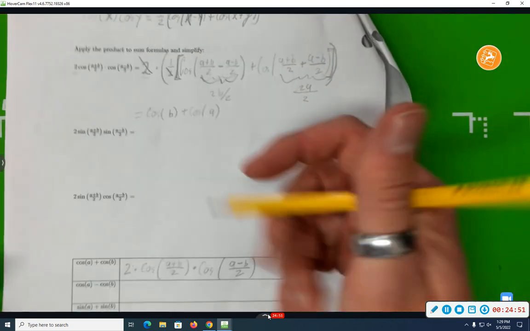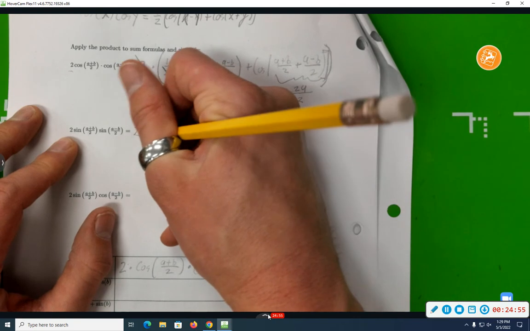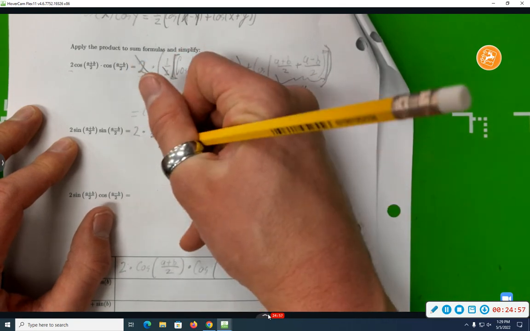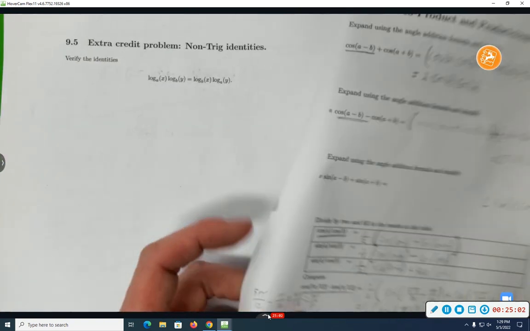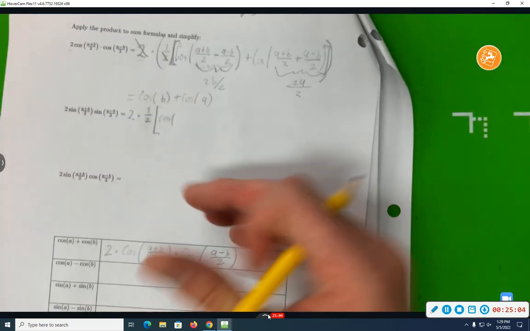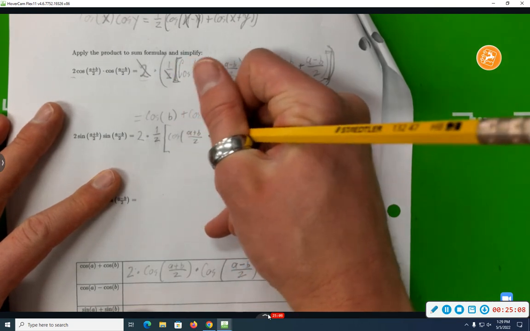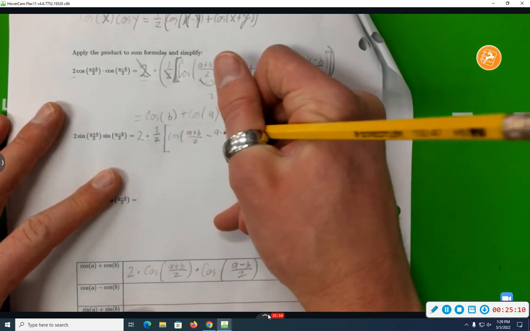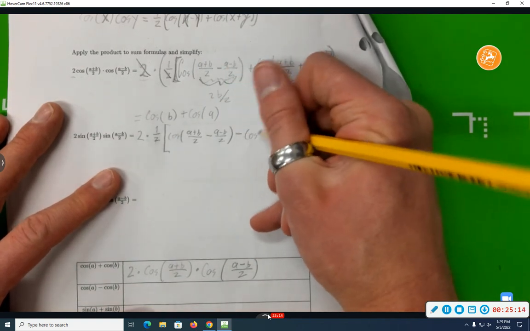So this 2 will come along for the ride, times 1/2 cosine of the difference minus cosine of the sum. A plus b over 2 minus a minus b over 2 minus cosine of the sum.